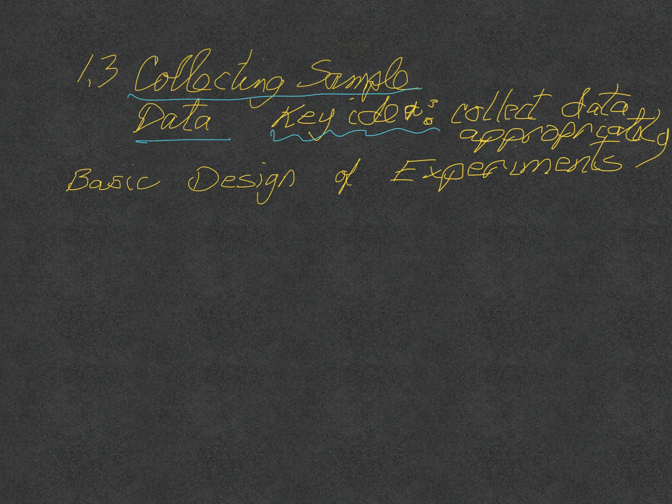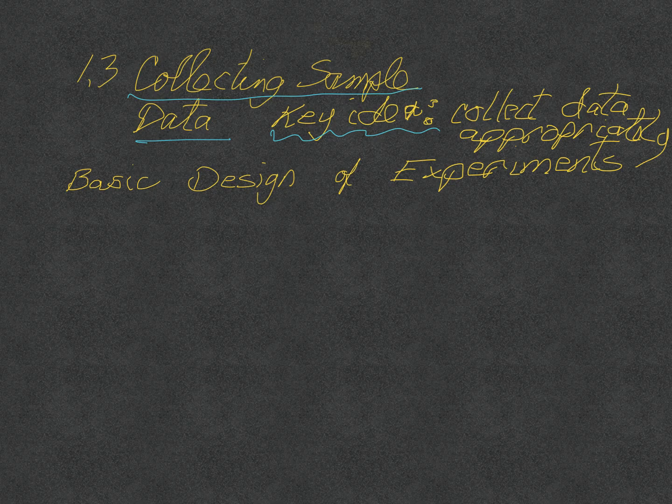So, when we go to look at experiments later on, when we're trying to decide if we can actually apply the mathematical tools that we know, we want to at least stop for a moment and ask ourselves, was this data collected appropriately? And so, how did this sample come about? So, that's really sort of the key that we're looking at. How do we collect data appropriately?